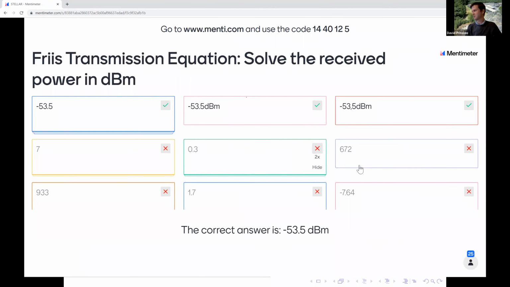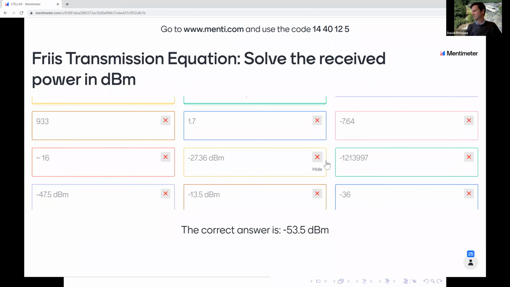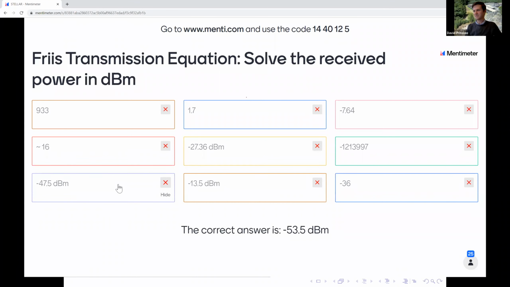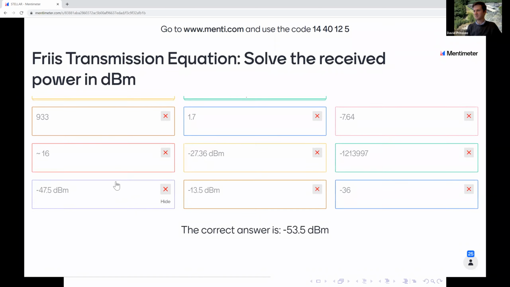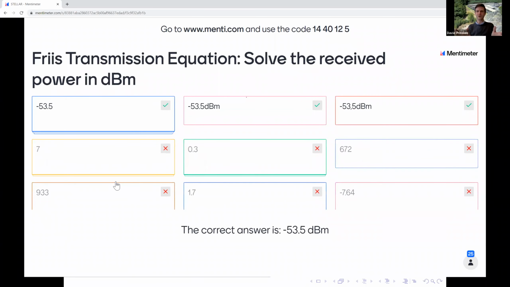Okay, I see some people have gotten quite different results here. I think someone potentially did this in linear scale. Someone was close enough but missed, I think it could be the loss in the actual conductor that had been missing here. So I know we are technically over time, but if you don't mind, maybe we quickly run through this and then I will call it a day.